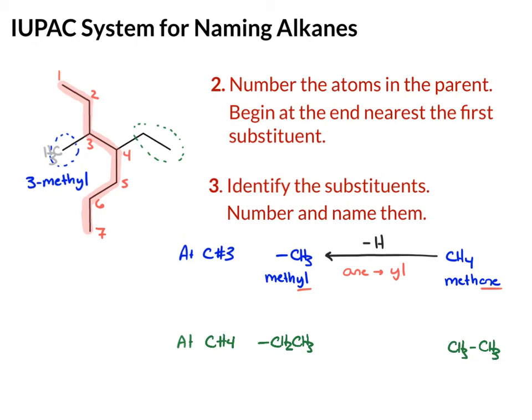We know that as ethane. So we're going to follow the same thing we did above. If you lose a hydrogen, we change the ANE to YL. So instead of ethane, this is ethyl. So now the substituent at 4 is called a 4-ethyl group.